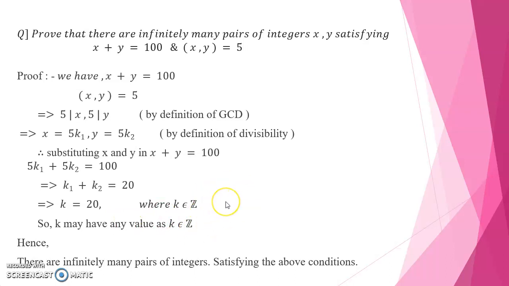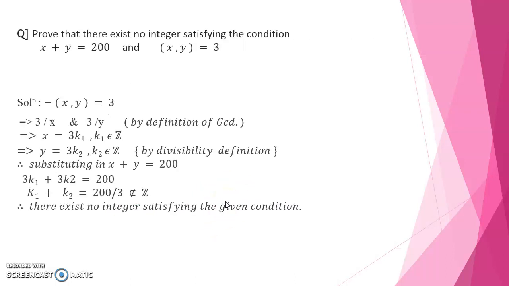In a similar manner, we prove that there exists no pair of integers satisfying the condition x plus y equal to 200 and GCD of x and y equal to 3. If GCD of x and y equal to 3, it implies that 3 divides x and 3 divides y. How did you get this? This is by the definition of GCD.